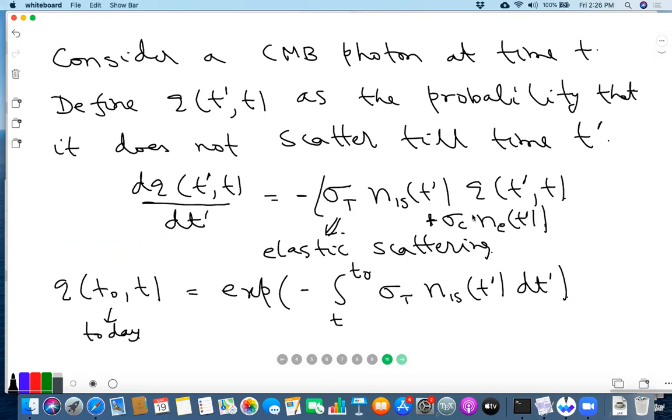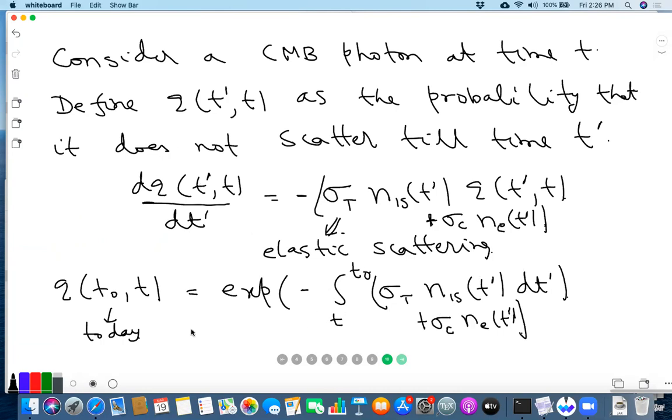You can certainly do that, but the whole thing should be the total cross section. This integral is going to give you the value of q. And you can certainly do this because you know the population of the 1s state and the population of the free electron states. So you just put them together and do this calculation.